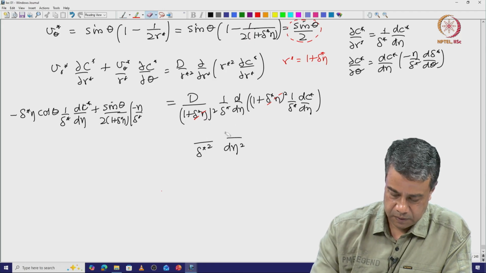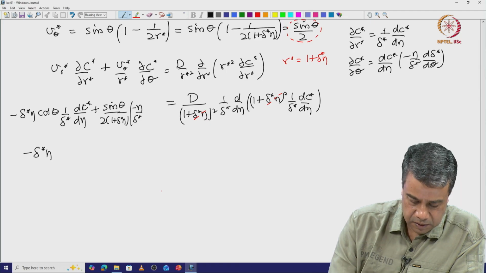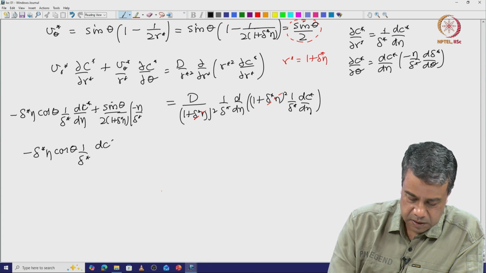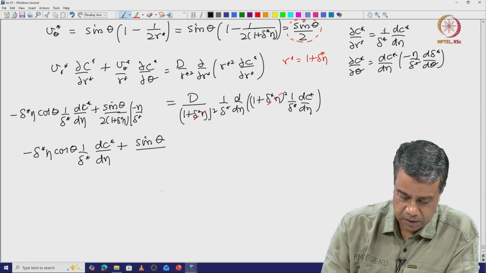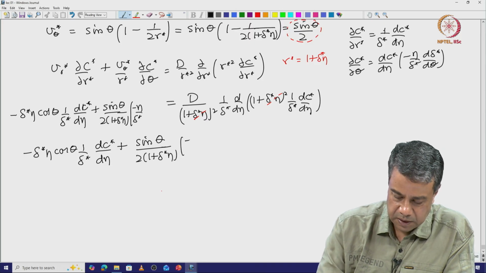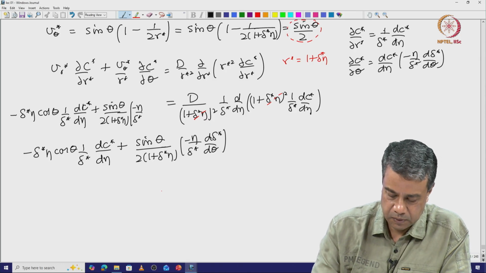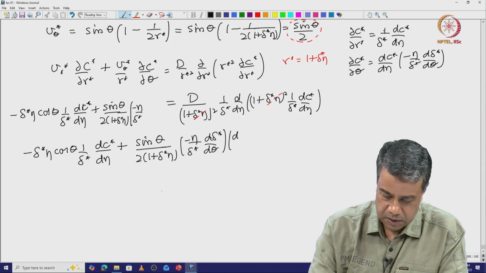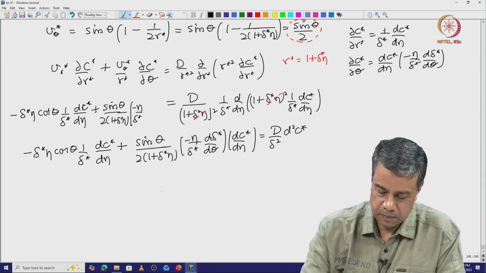Let me write it again for you. Minus delta star eta cos theta, 1 by delta star dc star by d eta plus sin theta by 2 into 1 plus delta star eta into minus eta by delta star d delta by d theta into d C star by d eta is equal to d by delta square d square C star by d eta square.